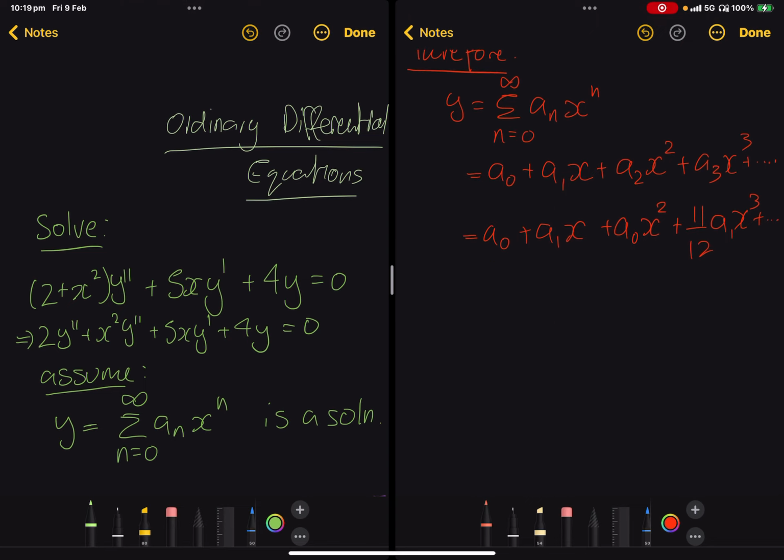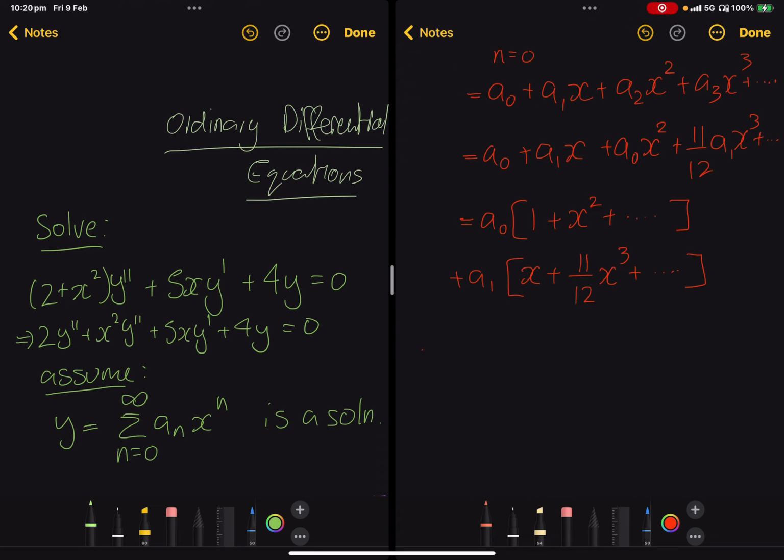Now we seem to be having two sets, one which contains a0s and x's, and one which contains a1s and x's. So this is equal to a0 times (1 plus x squared plus dot dot dot) plus a1 times (x plus 11/12 x cubed plus dot dot dot), and so on.